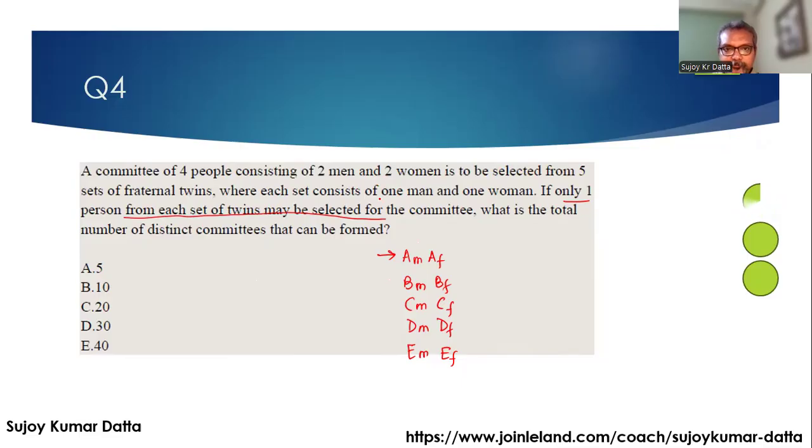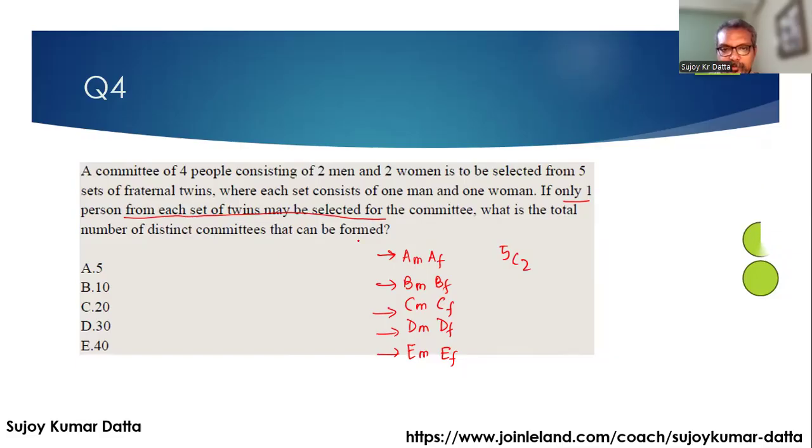So when you need 2 men and 2 women, let us first choose, like there are 5 categories, right? Basically 5 twins in that sense, right? So out of those 5, let's pick any 2. So we do 5C2, okay?